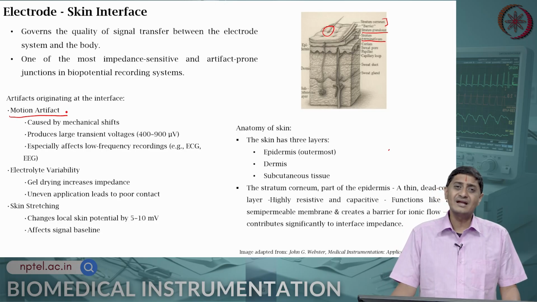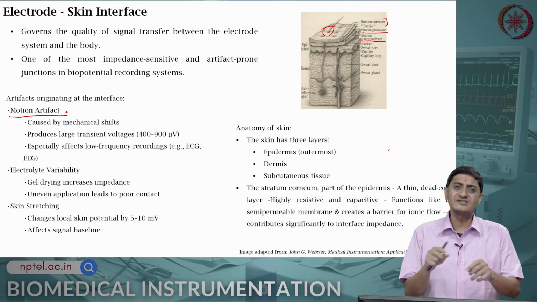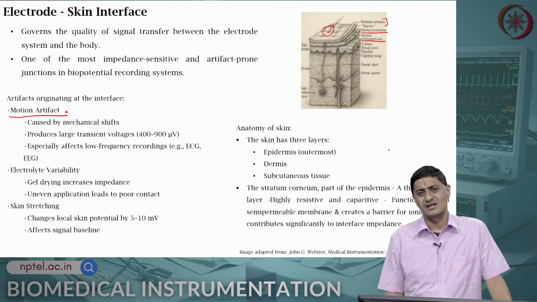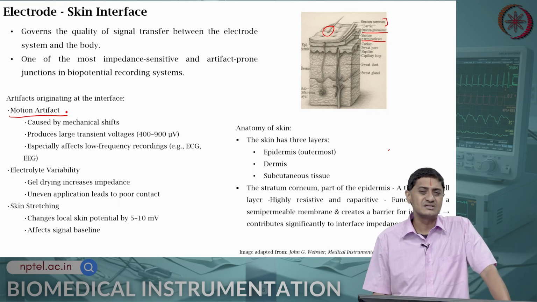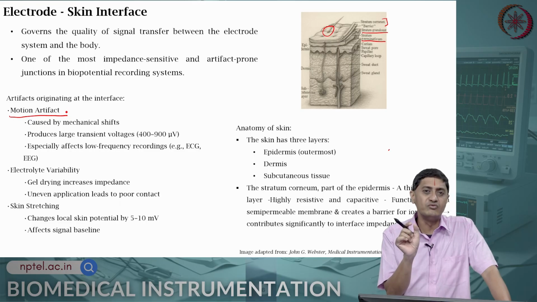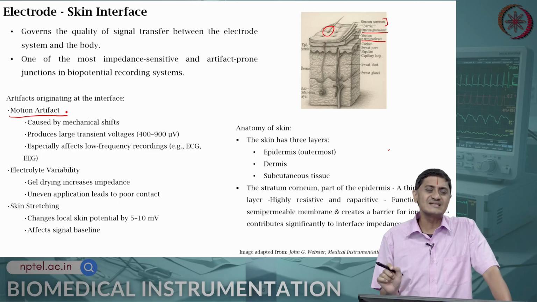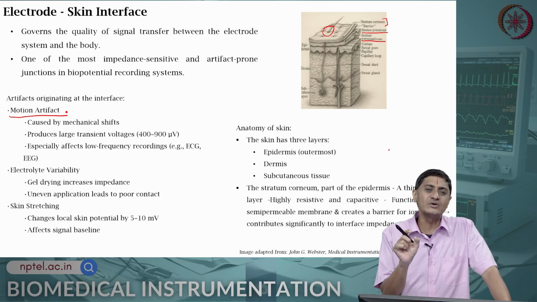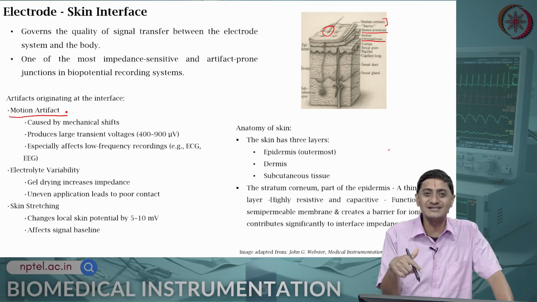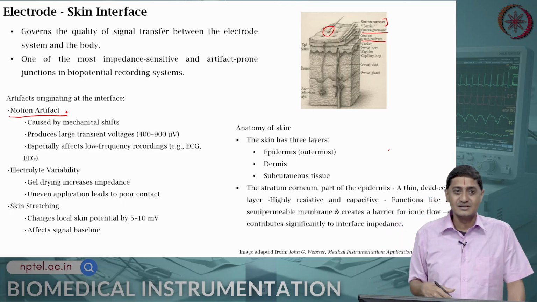Depending on the mechanical configuration of the body, it is possible for the skin to be stretched or slightly compressed. Because of this, it is possible for the electrode to move, thus changing the electrode-electrolyte interface and the composition, thus changing the impedance and the recording characteristics.